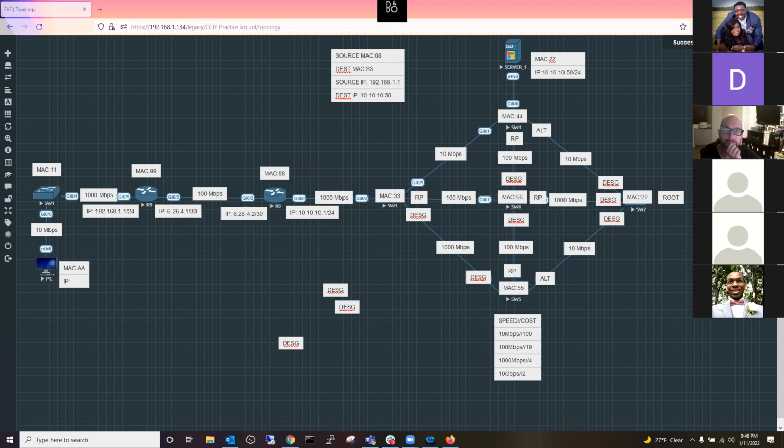So, Patrick, with that being said, what's going to be your port state and role for gigabit 0/1? That one should be... Because we still have to include Lamar, because we still have a link between switch 3 and switch 6 that isn't identified.